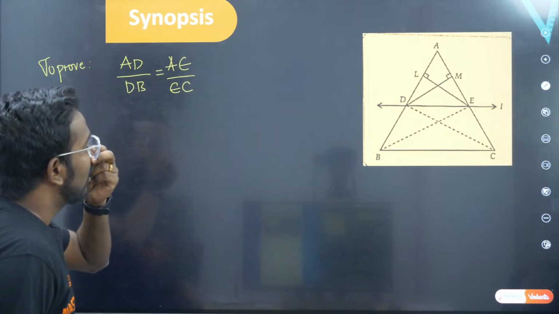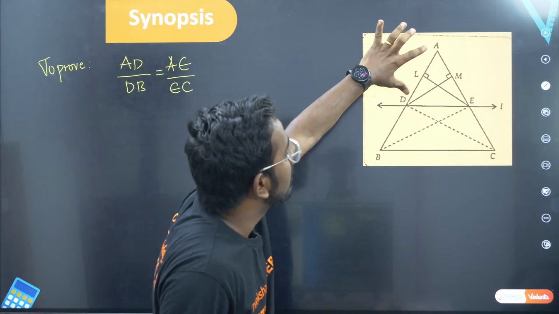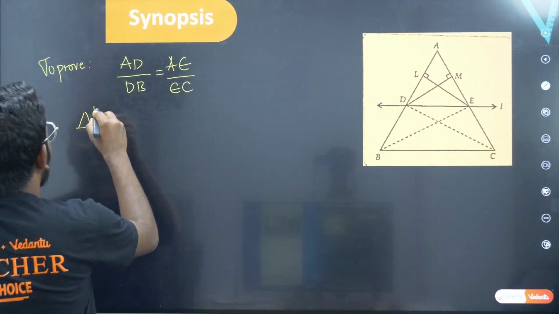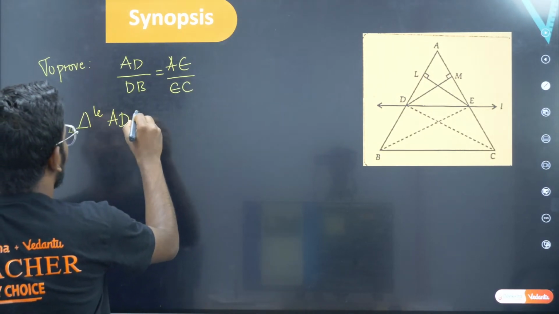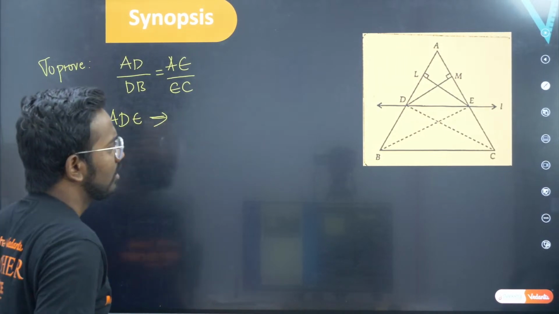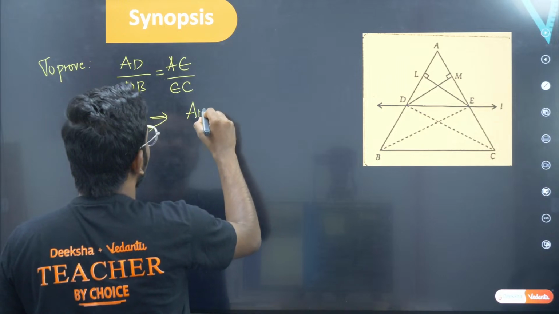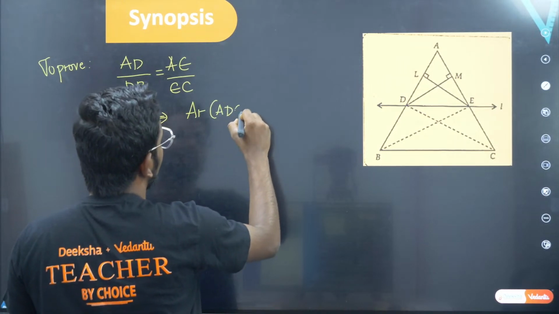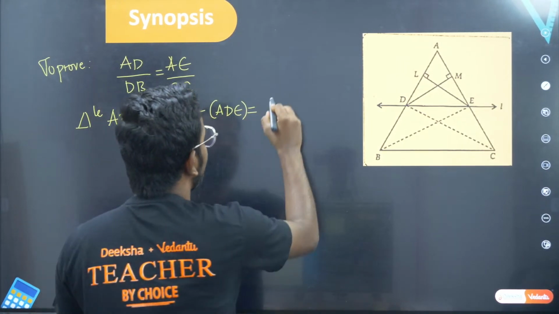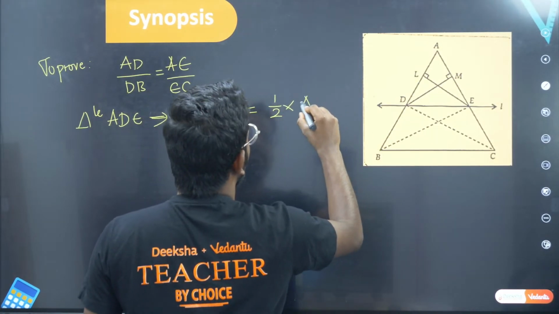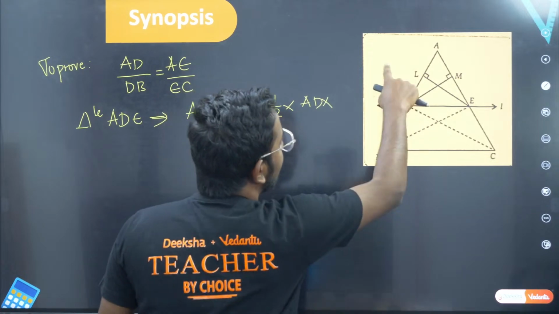So where is this AD present? Let me consider triangle ADE. In triangle ADE, what is the area of this triangle? Sir, area of triangle ADE is half into base AD into height EL.